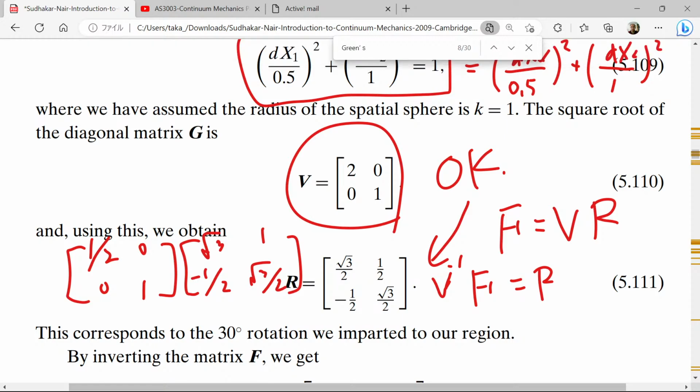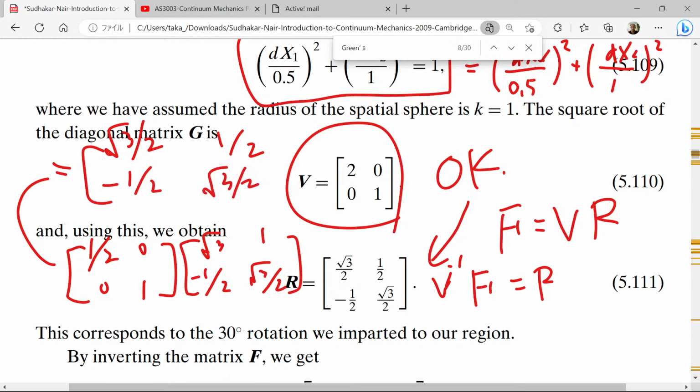See, this equals square root of 3 over 2, 1, 1/2, minus 1/2, square root of 3 over 2.